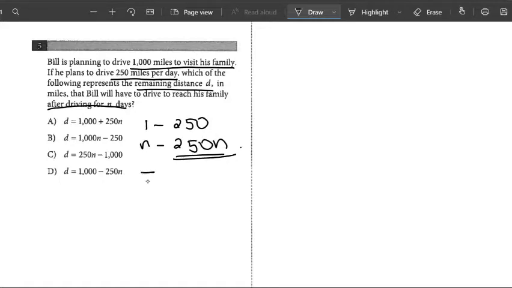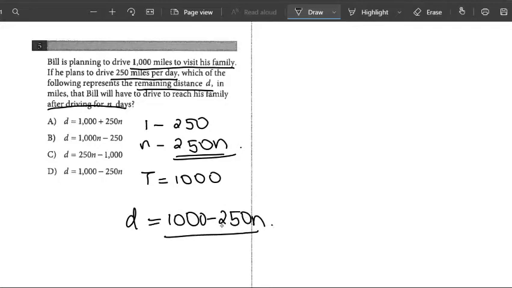The total miles is 1000. And so the remaining distance D is the total miles minus the distance he has traveled. This matches the D option, so fifth is D.